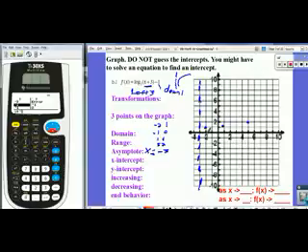I misplotted a point. This should be negative 2, negative 1. I knew it didn't fit the picture that I had set up. I knew it was supposed to go like this, so I have a point that's wrong. I need to fix that point right there. So negative 2, negative 1, that makes sense. Negative 1, 0, that makes sense.